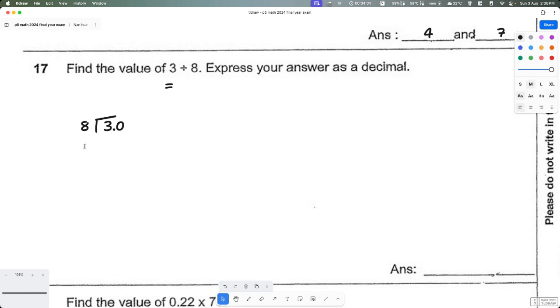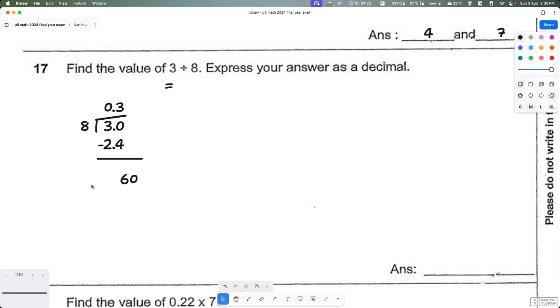So we subtract 2.4, right? What will give us 2.4? 0.3 times 8. And then 3 minus 2.4 will give us 6, right?